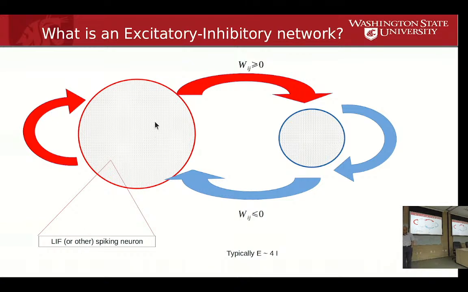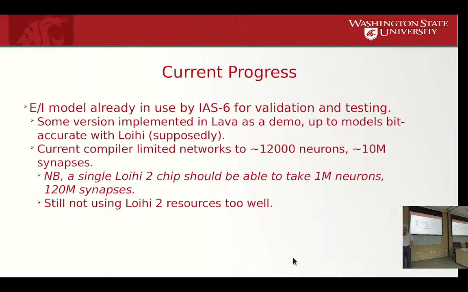They're excitatory or inhibitory because those connect to the other group or within the group by positive connections on the graph, and those connect to themselves or to the excitatory population with negative weights on the graph. Typically, in the test networks the excitatory neurons number about 4 times the inhibitory neurons. That was the case in observations from data. There's no particular reason for this to be the case.